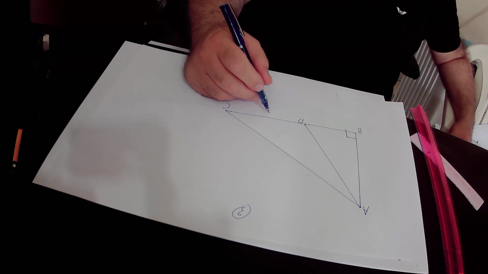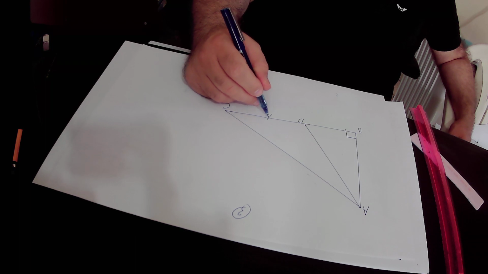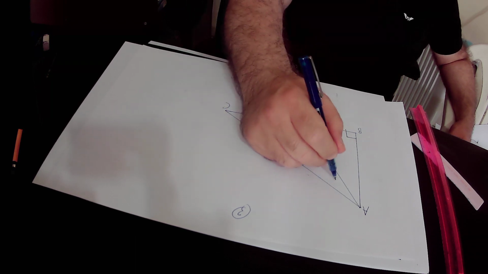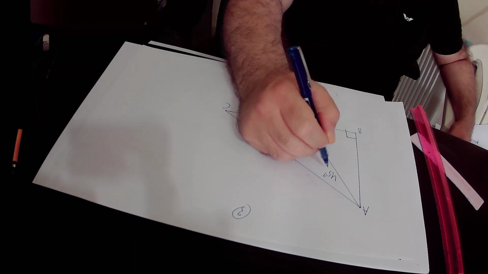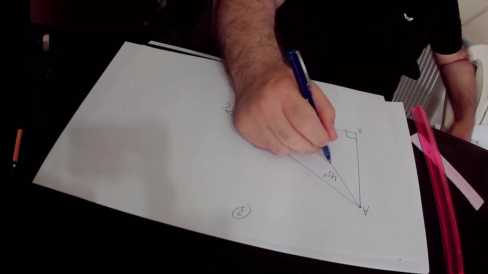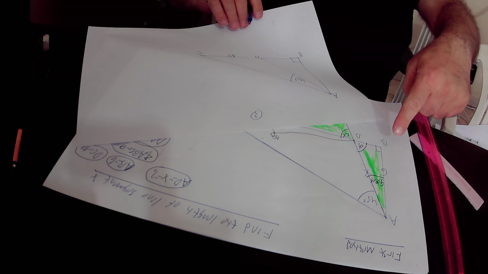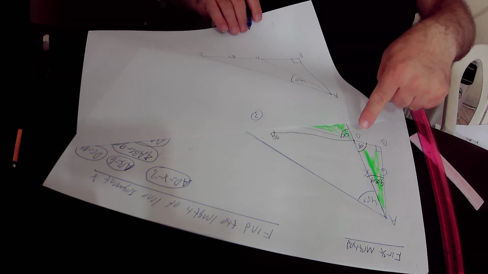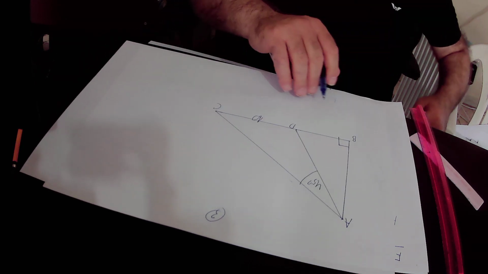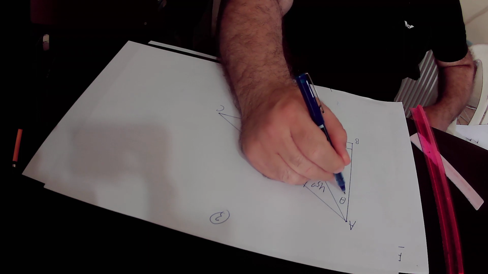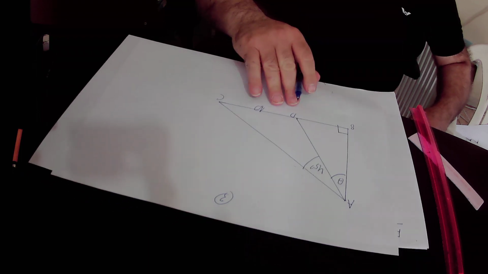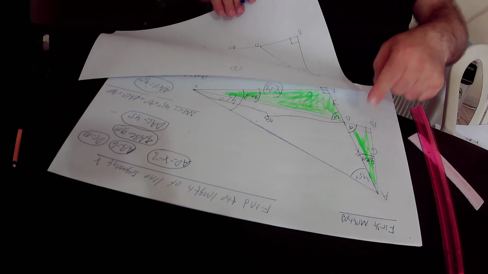It is given in the question that side DC of triangle ADC equals to 10 units. We know that this angle equals to 45 degrees, angle DAC. We will define angle BAD, this angle is theta. And we know that this angle equals to alpha.